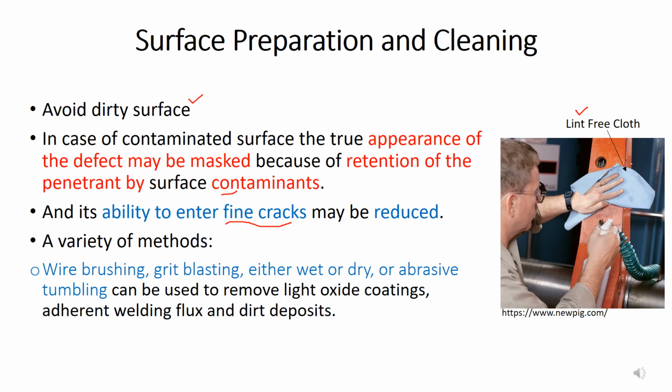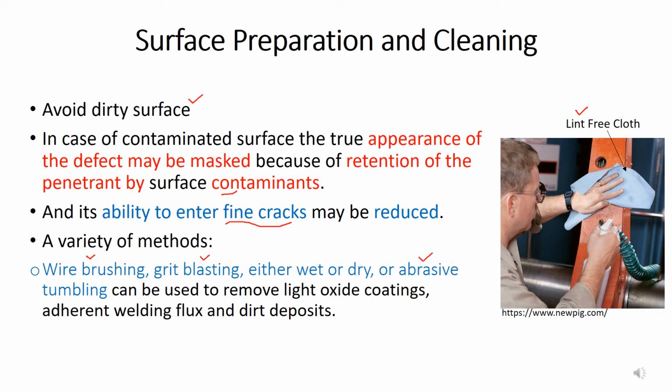You can also use other methods such as wire brushing and grit blasting. In grit blasting we use abrasive, and this abrasive is sprayed over the parts, and this spraying can be either in the wet form or in the dry form, and we can also use the abrasive tumbling method.